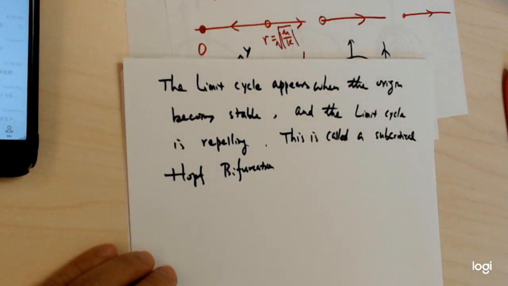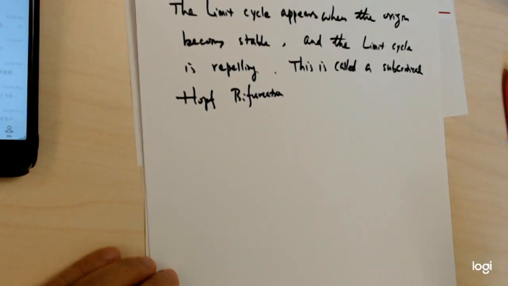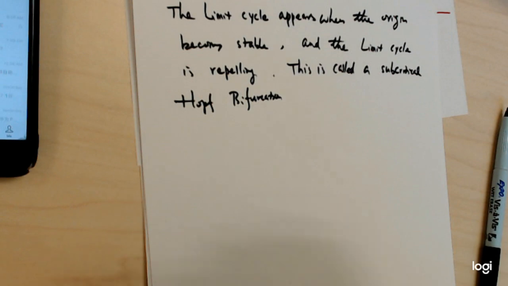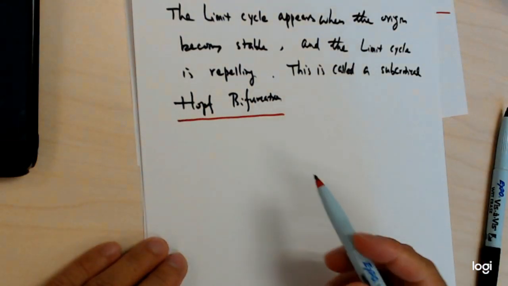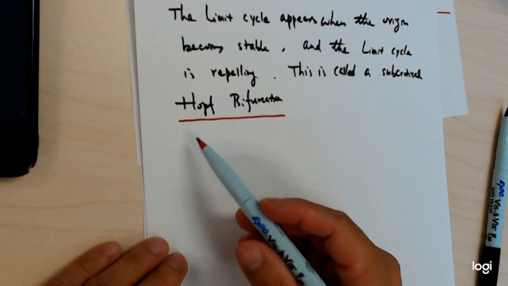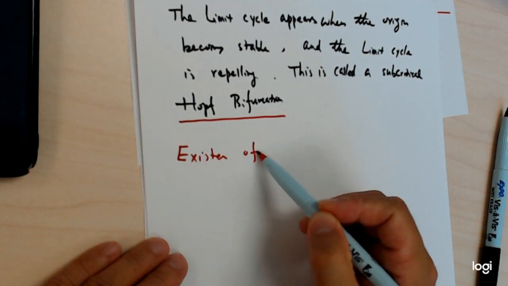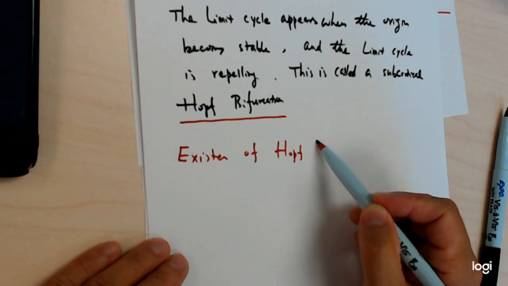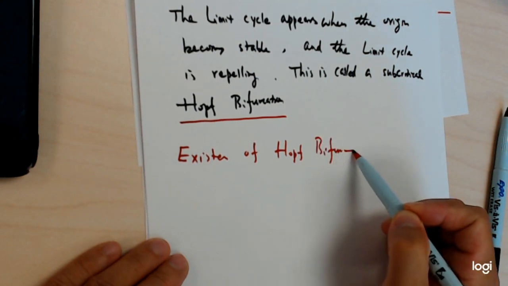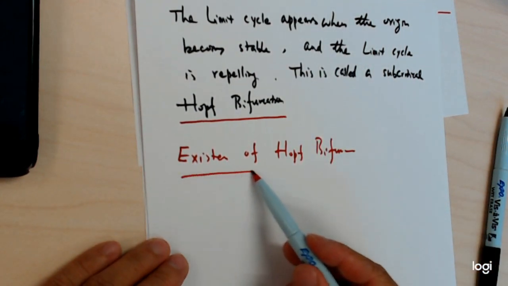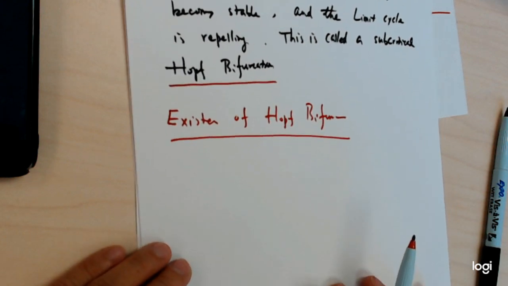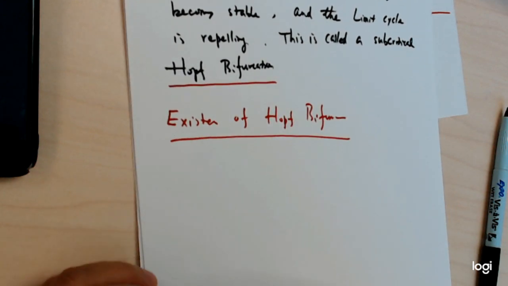That was just one example. In general, how do we show there is actually a Hopf bifurcation? That's a different story. To prove the existence of Hopf bifurcation is a different story, and that is often the key part of any research.